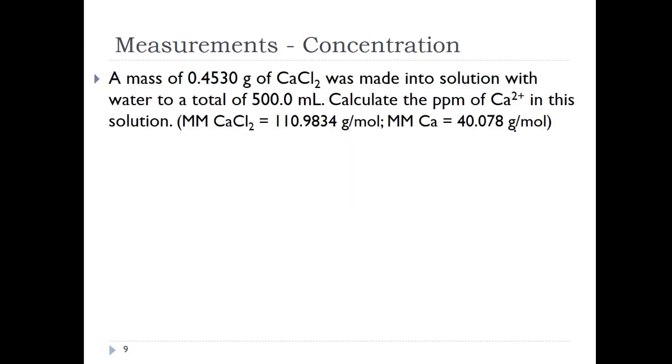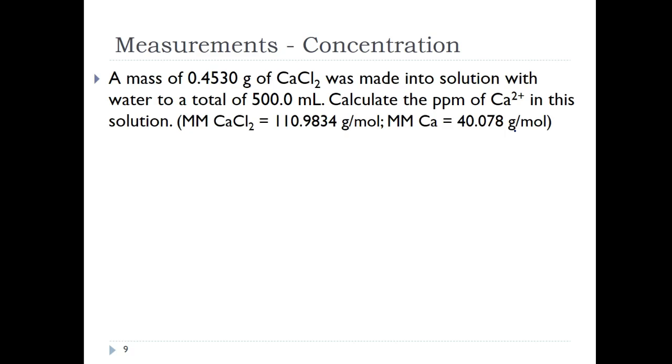So let's do an example calculation with our parts per million. We've got 0.4530 grams of calcium chloride measured and made to a solution with water using a 500 milliliter volumetric flask, so the total volume is 500.0 milliliters.